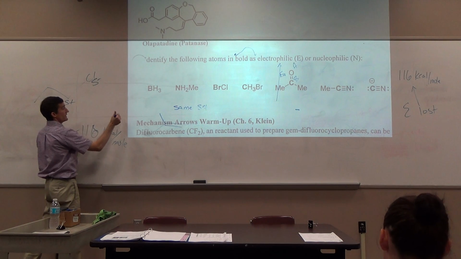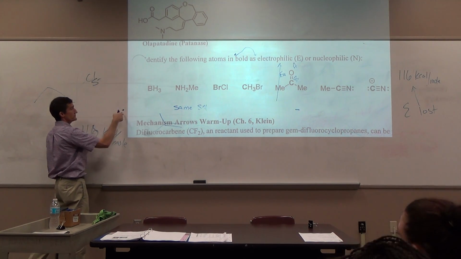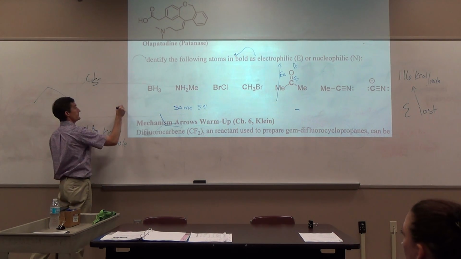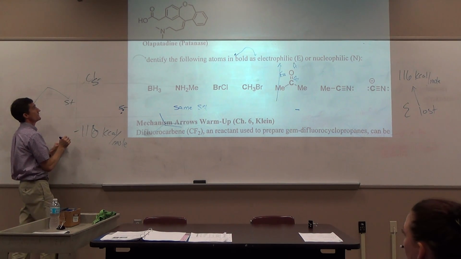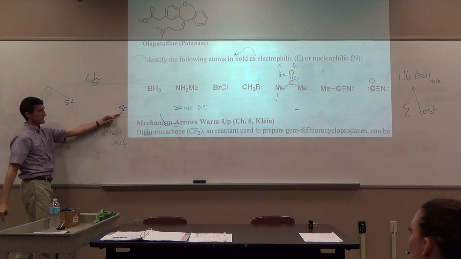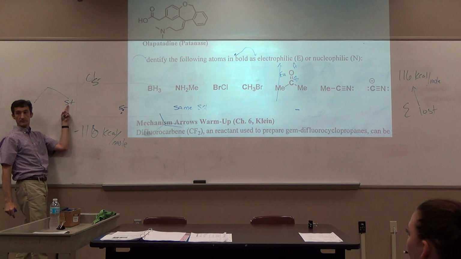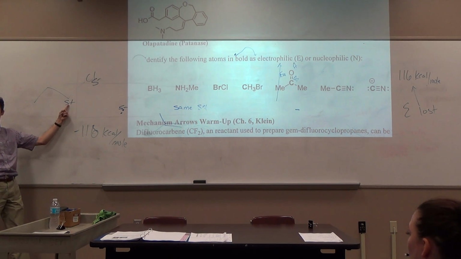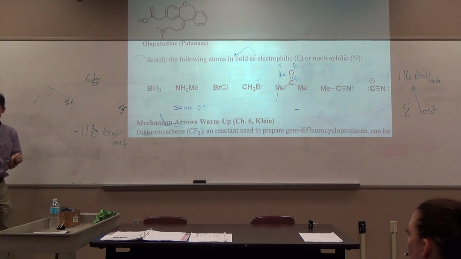Now, if some electrons are floating by, what's the charge of electrons? Negative. So let's put negative there. Which one of these is going to be attracted to this guy? That one. So we say it's the electrophile. It's the one that likes the electron. Good question. Everybody see that?